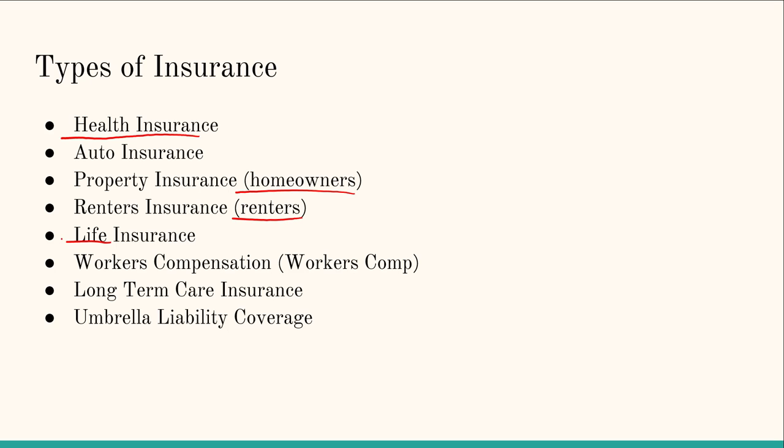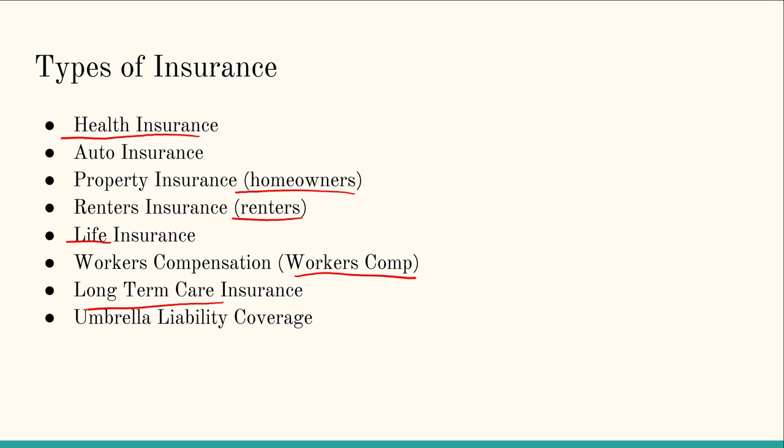Life insurance is a protection if you die, and you have dependents, people that you want to take care of. Workers' compensation, also called workers' comp, is for on-the-job injuries, and it will cover your healthcare costs and lost wages.